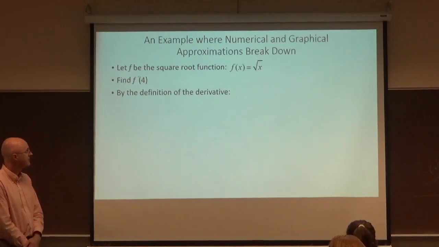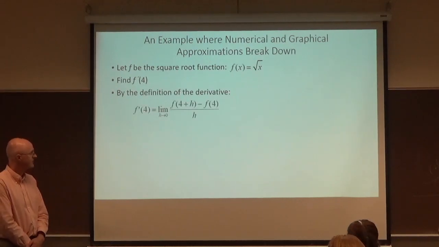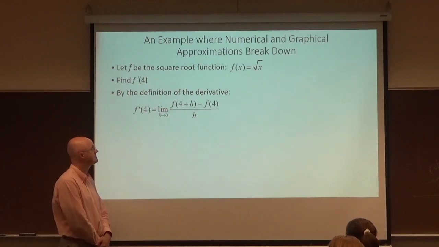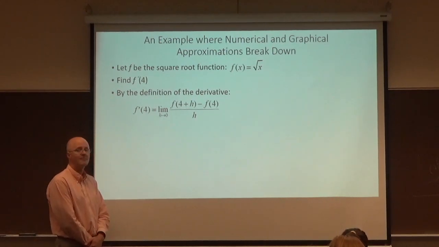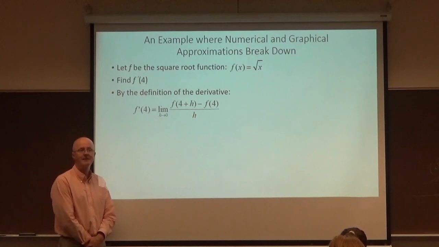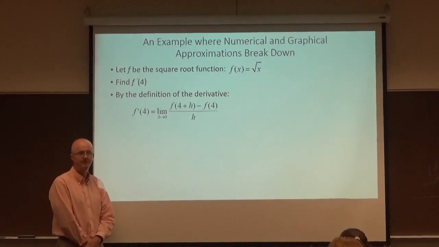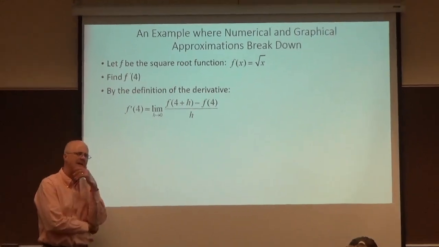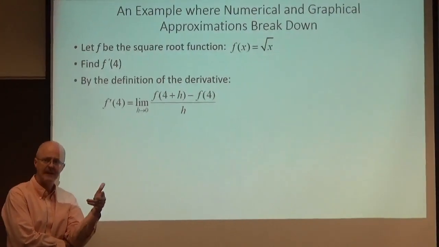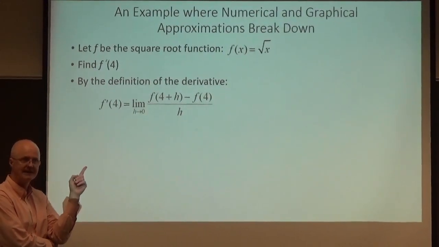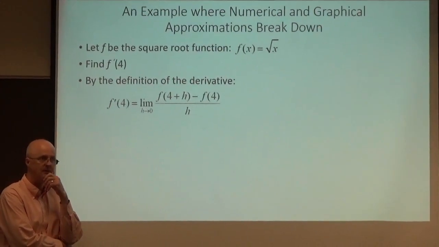But this one's trickier. By the definition of the derivative, you can write this. So the a is 4. Okay? And you should know this is because of the definition of the derivative. Probably not in this exam, but perhaps on exam 2, I will have you give reasons for each step. This first thing is the definition of the derivative.